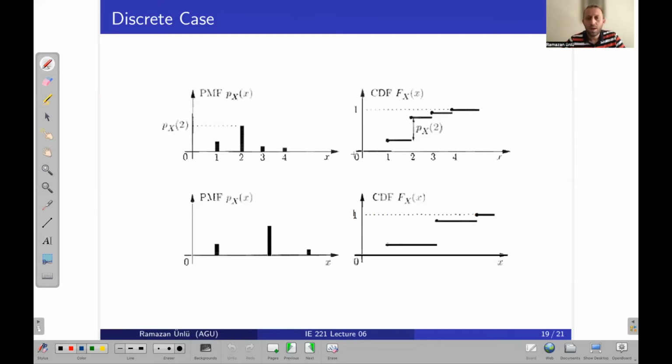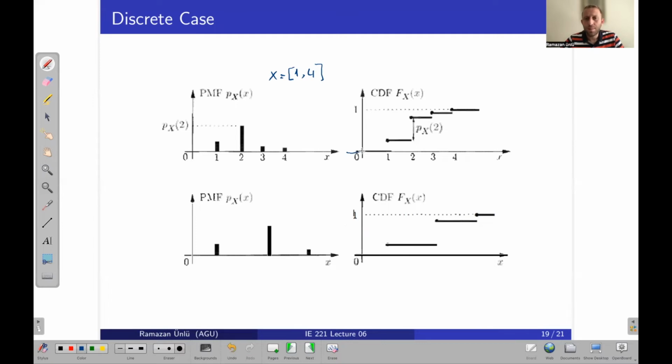So this x is in the range 1 to 4, right? Anything below 1, the PMF will not be valid, so the probability there will be 0.